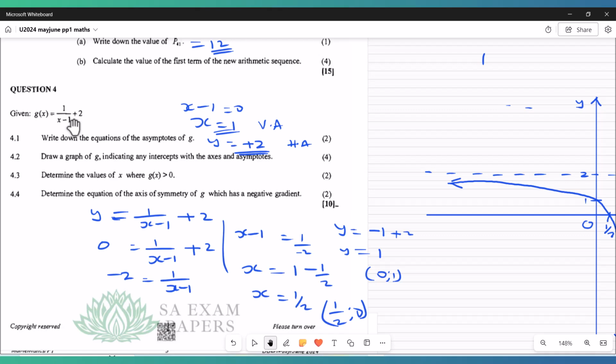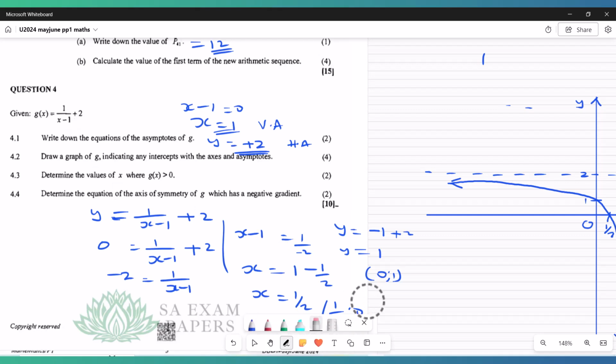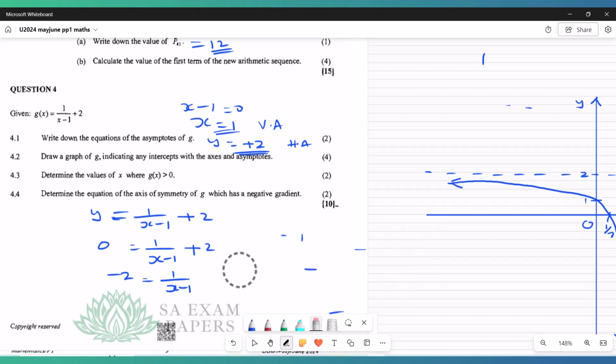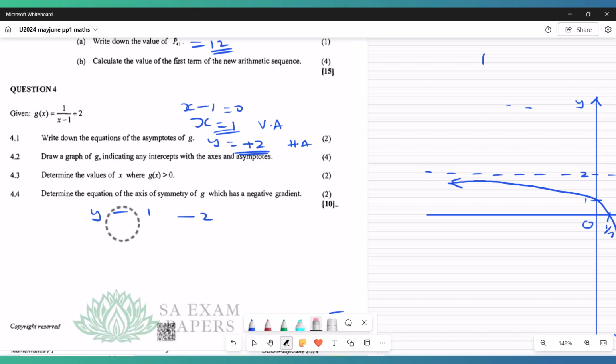Don't forget this, students. Looking for the line of symmetry with a negative gradient, you can use y equals mx plus c, but our m must be negative 1. So we're going to use y equals negative 1x plus c.